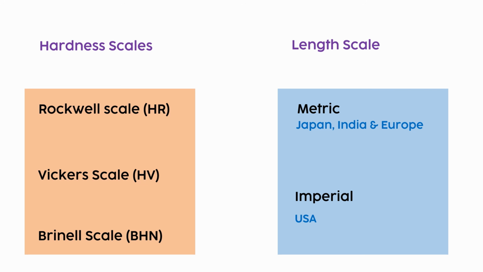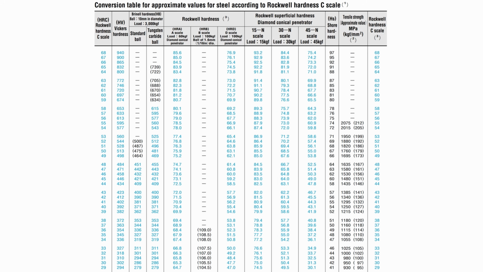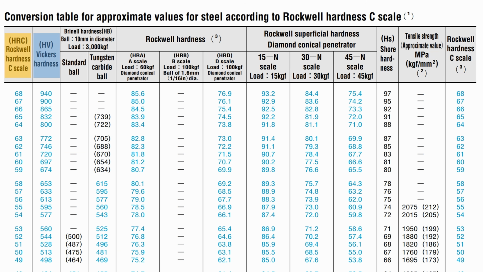Similarly, the Rockwell scale is popular in the USA and in India, while the Vickers hardness scale, HV scale, is more common in Japan and European countries. So these are just different hardness scale systems, and there is also an approximate conversion from one scale to another. I will leave this table in the video description.